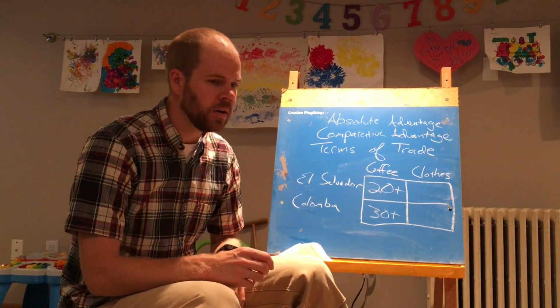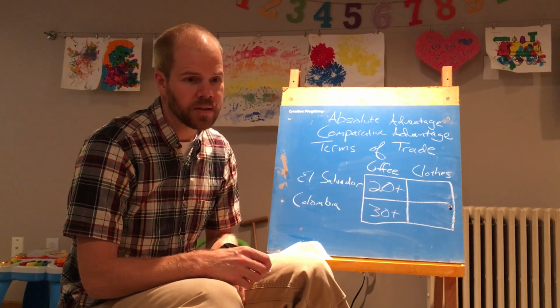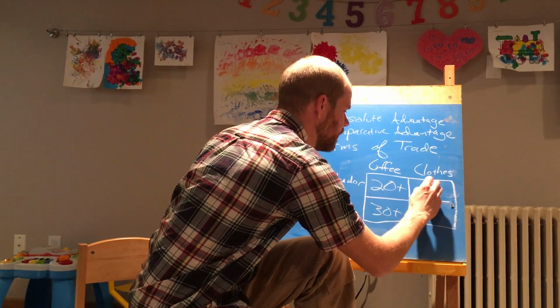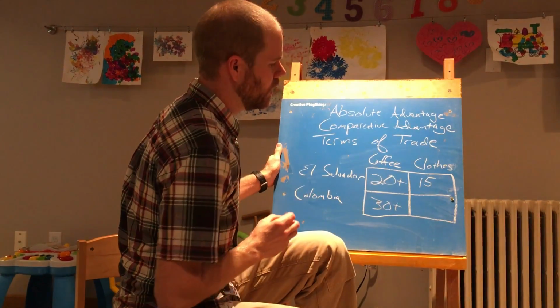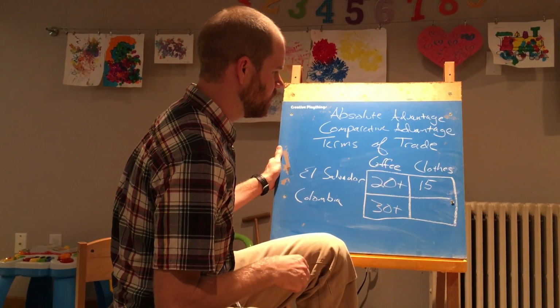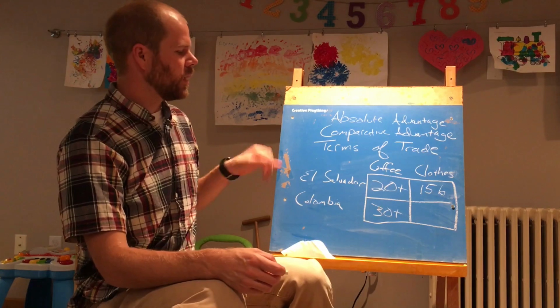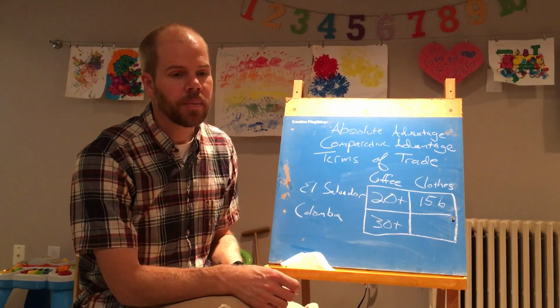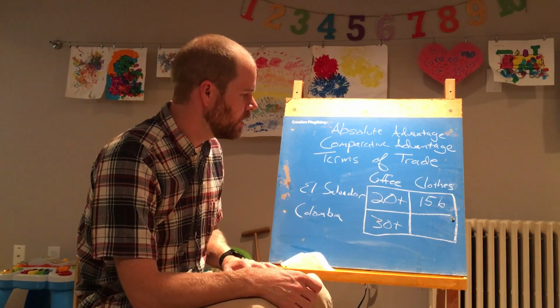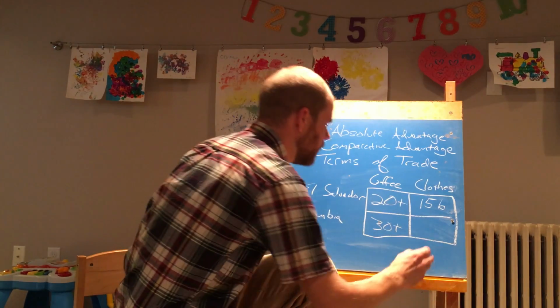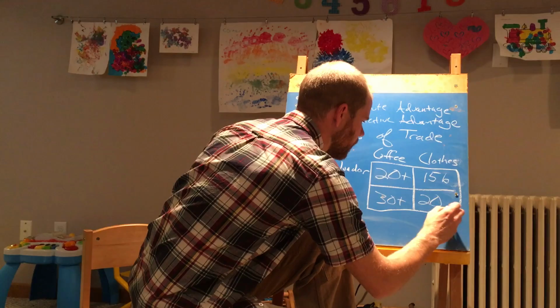If El Salvador, instead of producing any coffee, put all of its effort into making clothes, they could do $15 billion worth of clothes. In Colombia, again a larger country with a larger population, if they made nothing but clothes, they would be able to produce $20 billion worth of clothes.